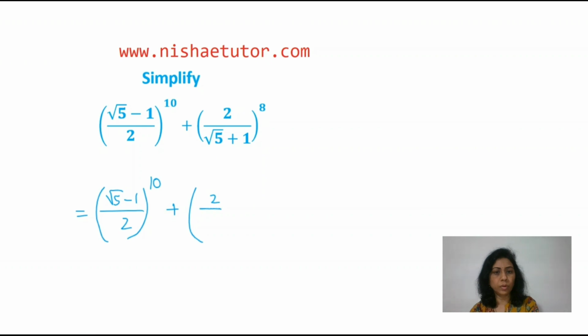So 2 upon √5 + 1, multiply by √5 − 1 over √5 − 1, to the power 8.